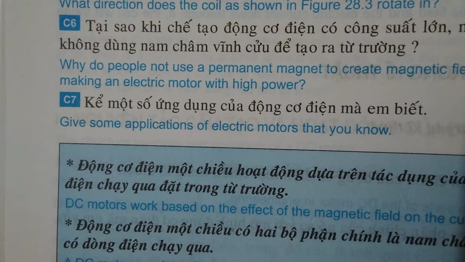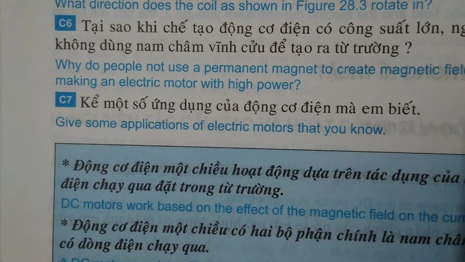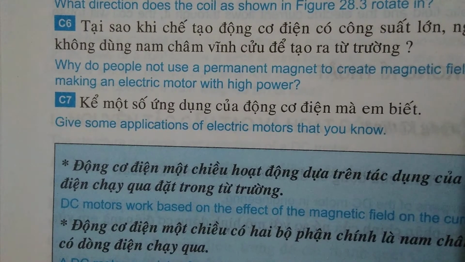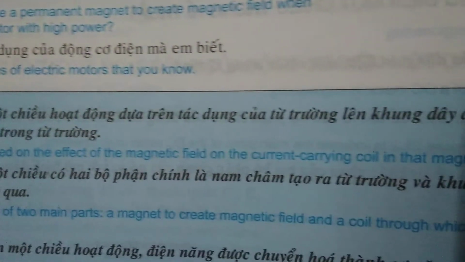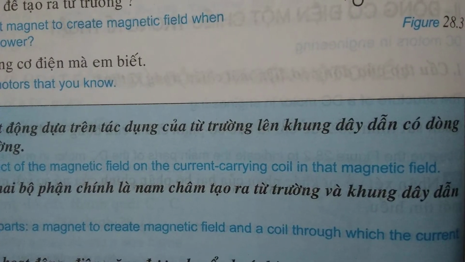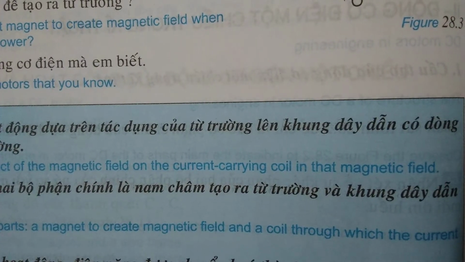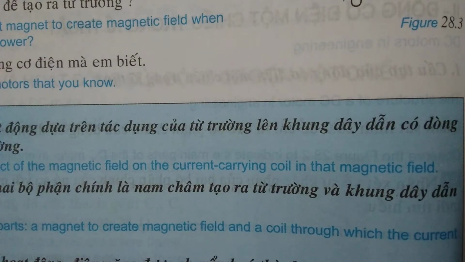DC motors work based on the effect of magnetic field on the current carrying coil in that magnetic field.